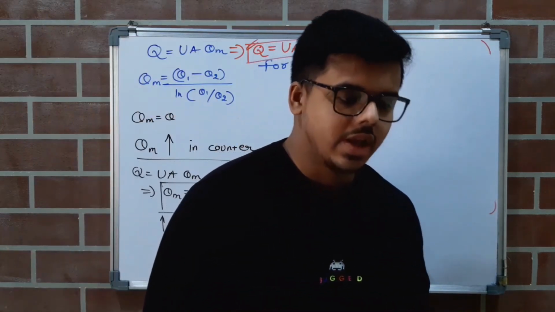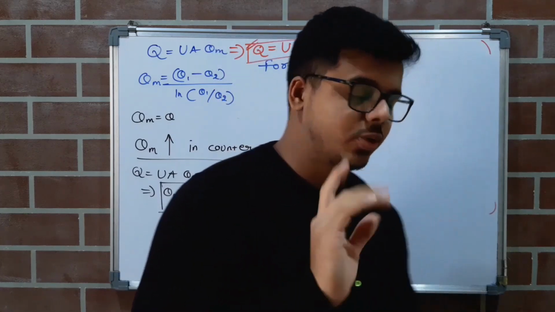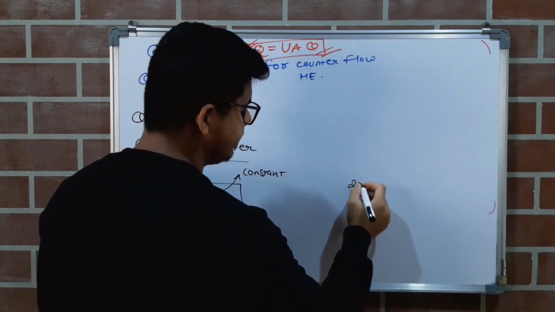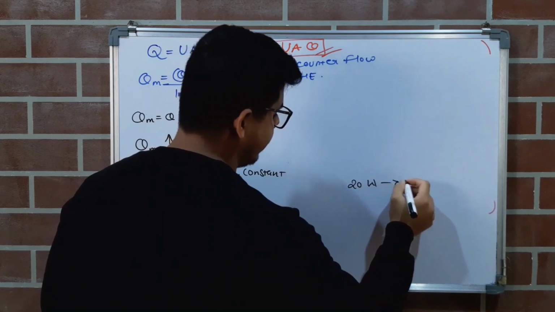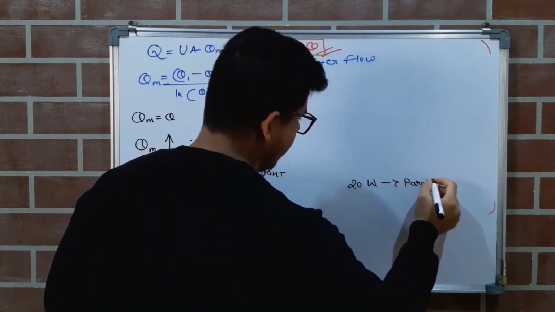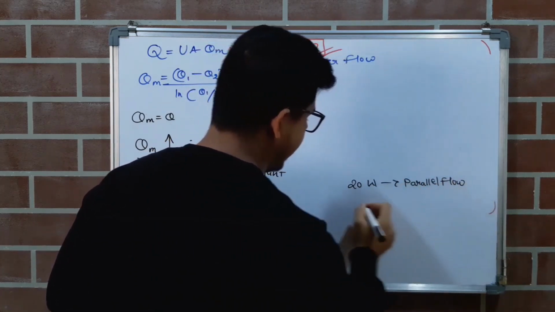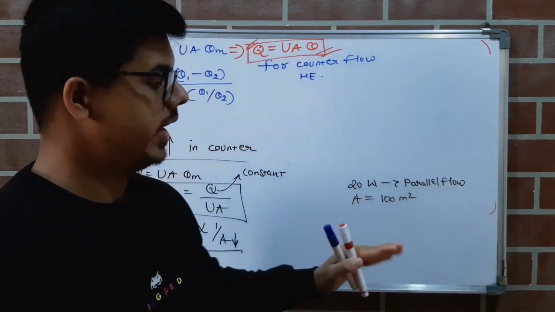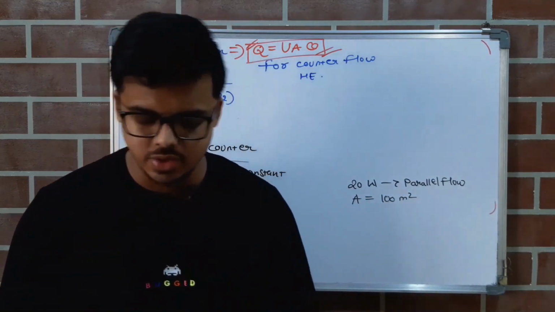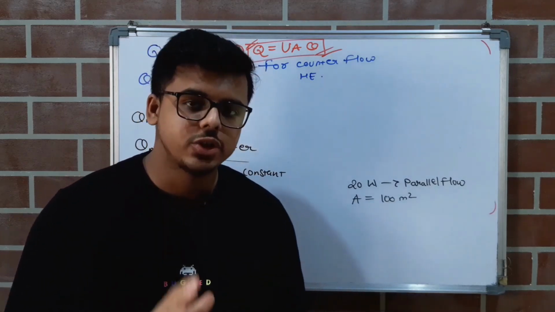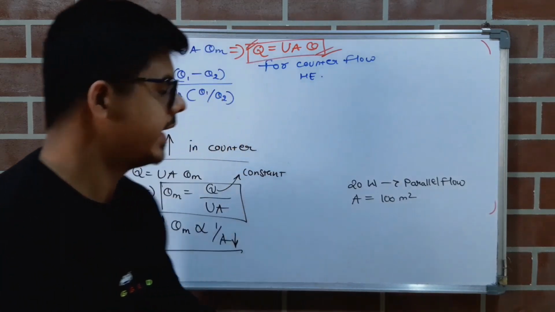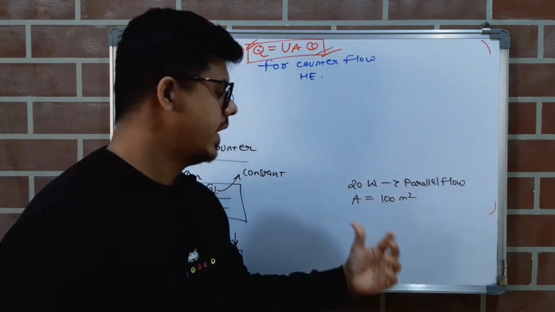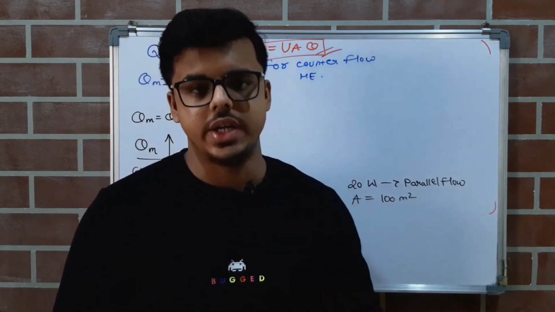That means, suppose that we are getting the 20 watt heat transfer rate in parallel flow by using the area 100 meter square. Suppose we are assuming an imaginary condition, that in case of parallel flow heat exchanger, we are getting 20 watt heat transfer rate by using 100 meter square area.